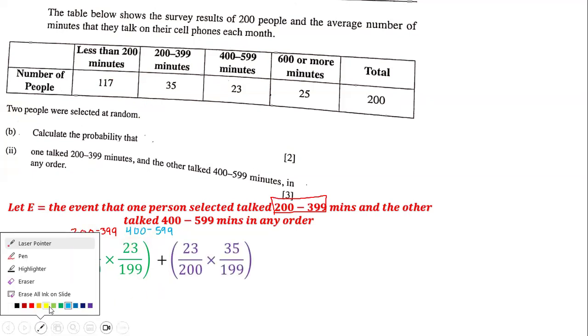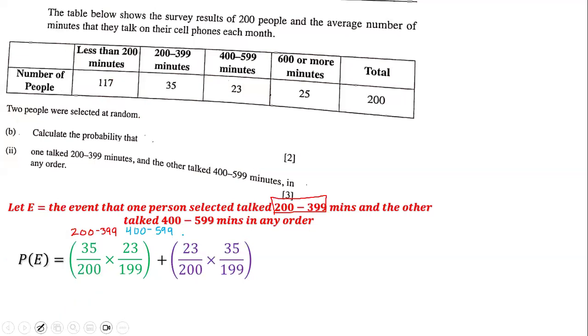Let's let the first person be from the people who spoke on the phone for 400 to 599 minutes, and then let the second person be from the people who spoke on the phone for 200 to 399 minutes.